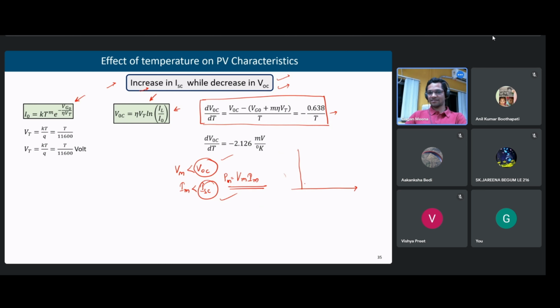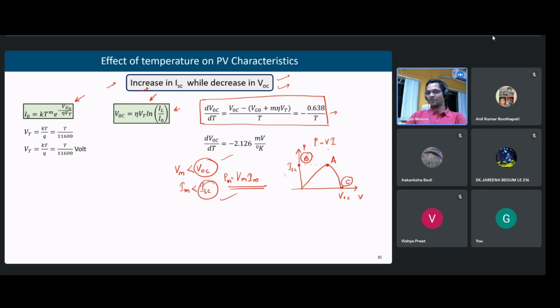To give you a hint, this is the PV characteristics, something like this. This is VOC, and somewhere here you will get ISC. So why is the maximum point here, not here or here? Why is A the maximum point but not B and C? What is the reason? Because power is the product of voltage and current.